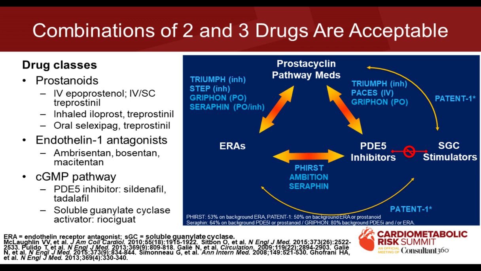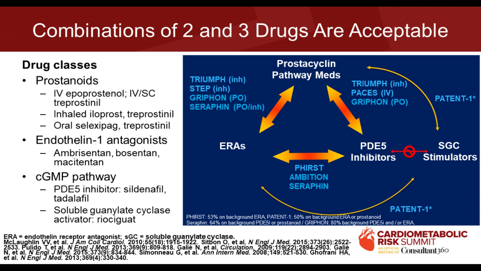The only exception to that is the 2 medicines that work on the same pathway, the PDE5 inhibitors and the guanylate cyclase activators that both work on that nitric oxide cyclic GMP pathway. You don't want to put those together because it's too much. It lowers blood pressure too low. They tried that in a clinical trial, and it caused more harm than benefit.